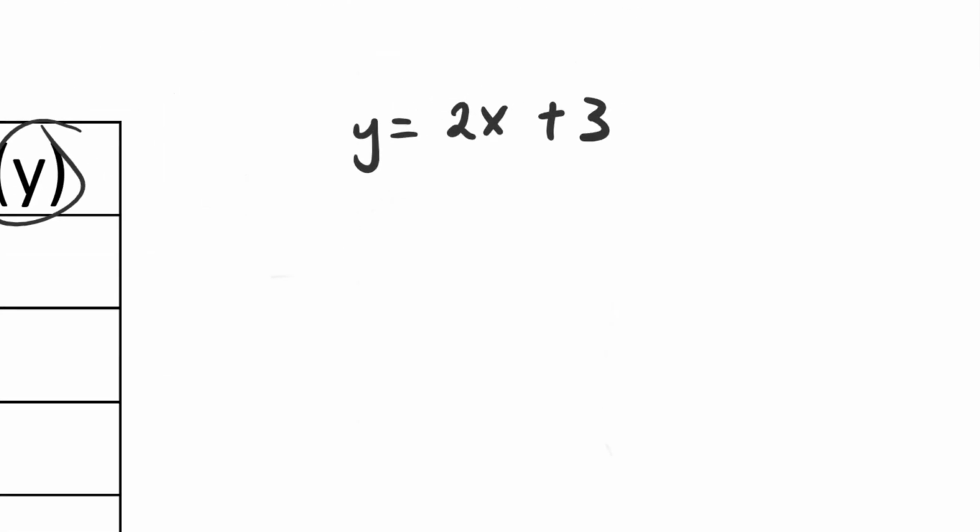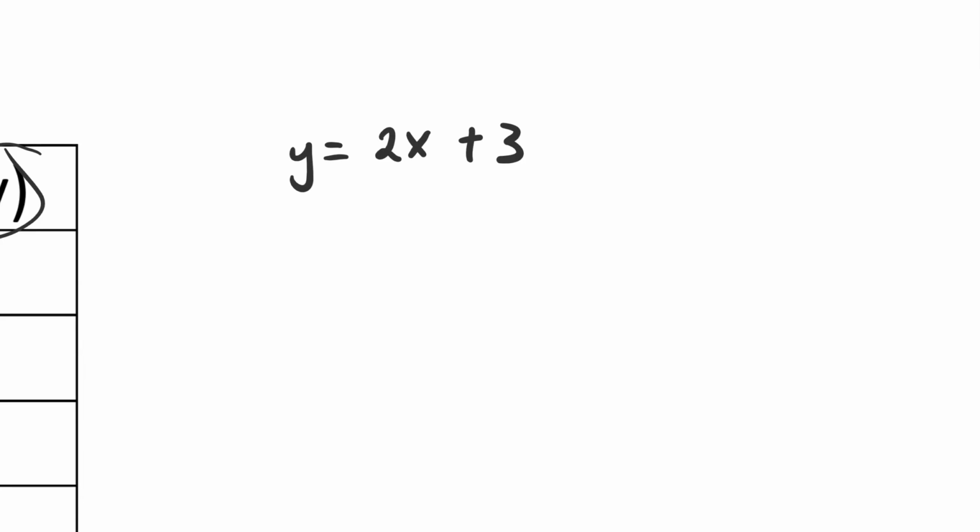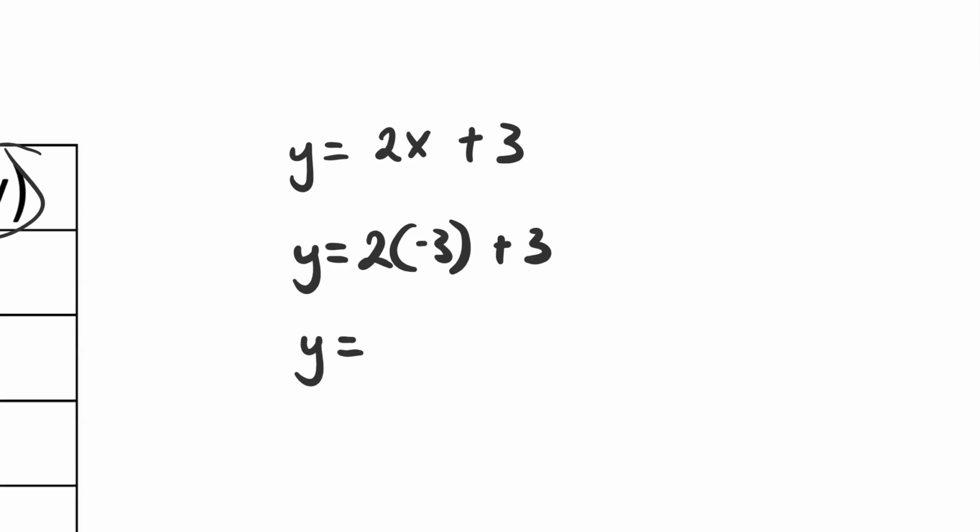So going back to this, as we set up above, we're going to be using brackets and inputting the value of x. The first value that we chose for x was -3. So we have y equals 2 multiplied by -3, plus 3. Continuing down, 2 multiplied by -3 results in -6, plus 3.